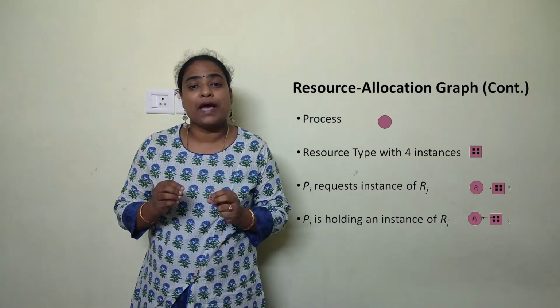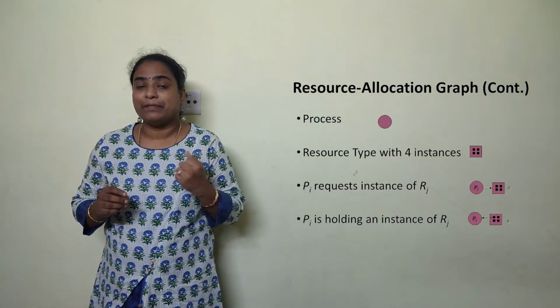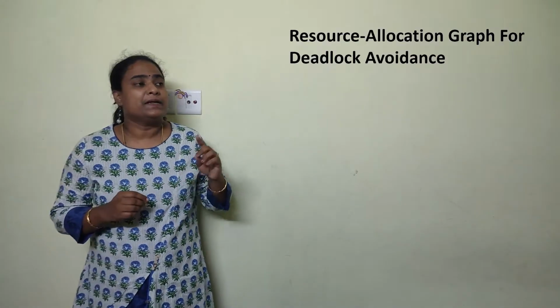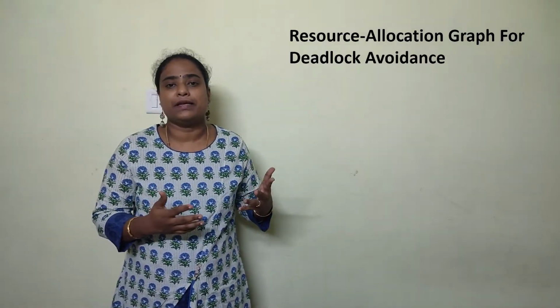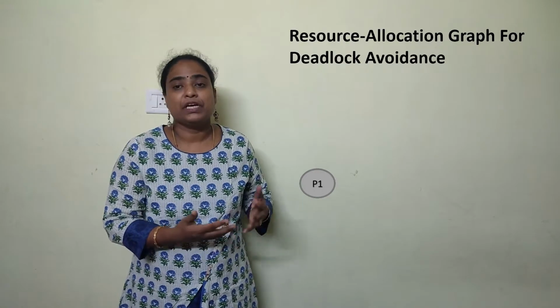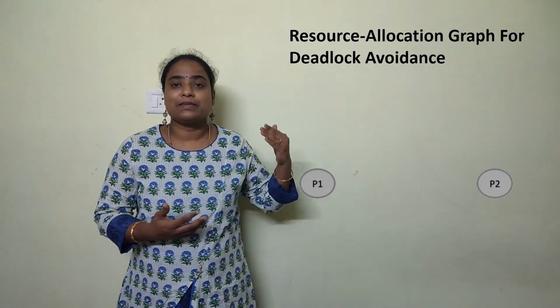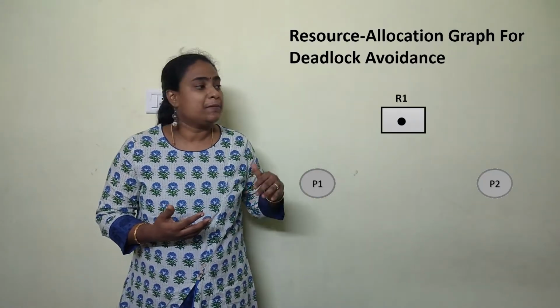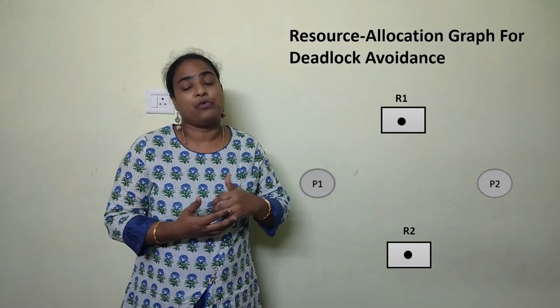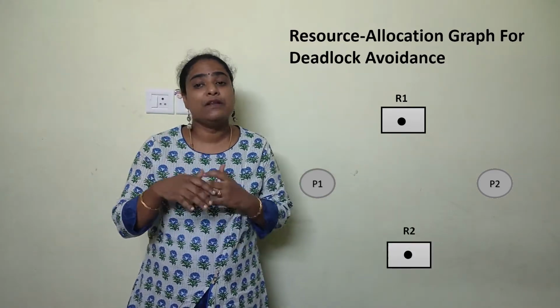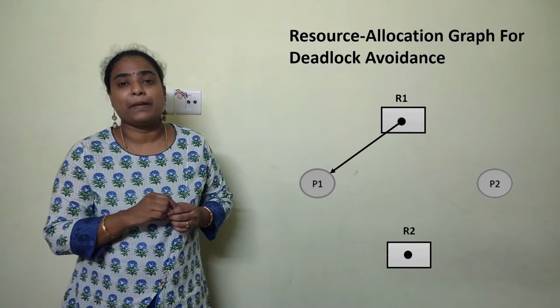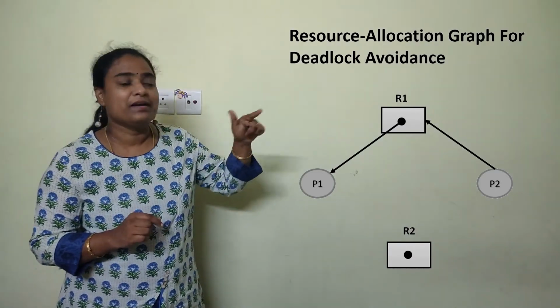Now we are going to add the third edge, that is the claim edge. Claim edge means the process has already declared some prior information. If a process can request a particular resource in future, then that will be represented by a dotted line like this.